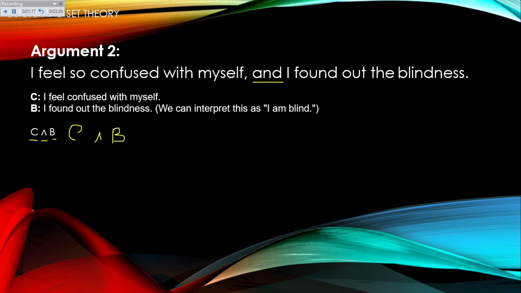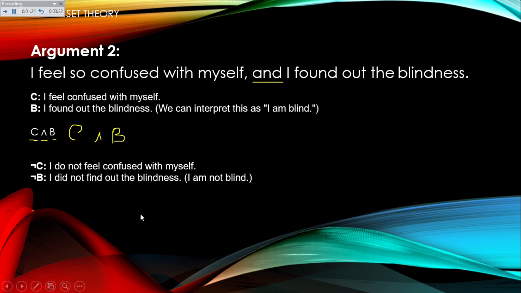So, we could even form implications although they aren't directly stated in the sentence. Negation: I do not feel confused with myself, and negation B: I did not find out the blindness, or I'm not blind.